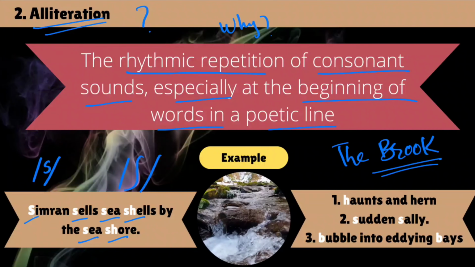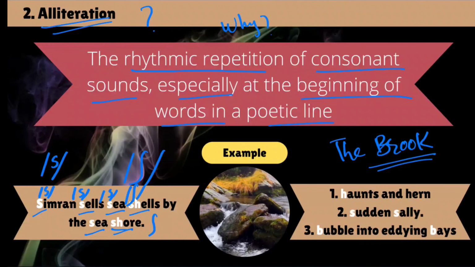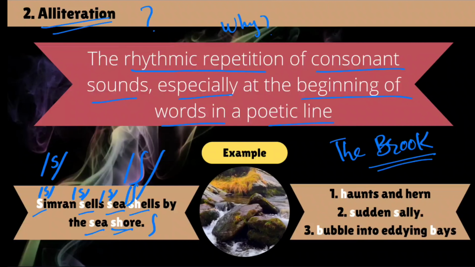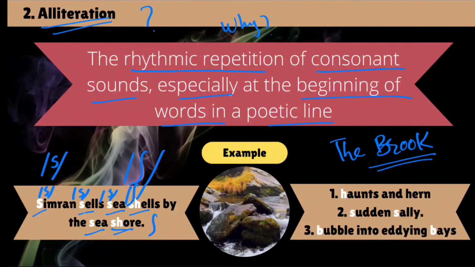As you can see, Simran sells C. So S sound is repeated. Once again, sh and sh sound is repeated, right? So when poets repeat consonant sounds like this in a poetic line, we call that alliteration, right?